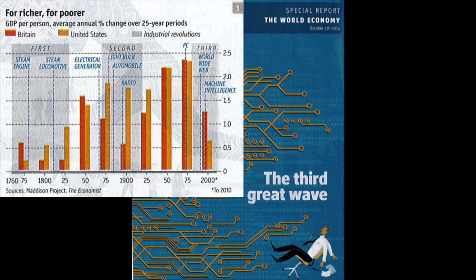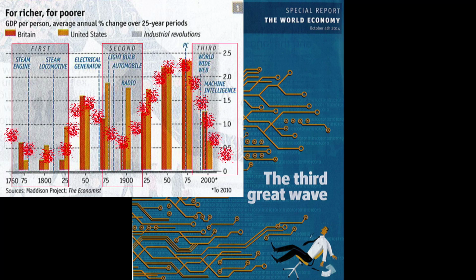But this illustration is quite interesting also from another point of view. Here we can see the British and US average annual change of GDP per person. So it is not absolute value of the GDP, which probably has been advancing all the time, but it is the speed of changing it. And it really shows how all of these three technological revolutions have hindered the speed of change in GDP.